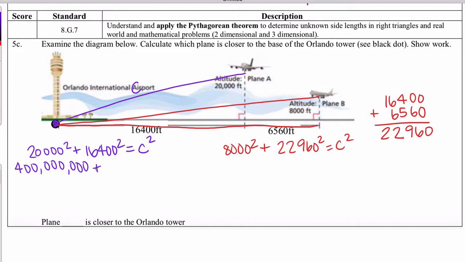16,400 times 16,400 is 268,960,000. And then I'm going to write plus 400 million, 1, 2, 3 zeros, 1, 2, 3 zeros. I get 668,960,000 equals c squared.